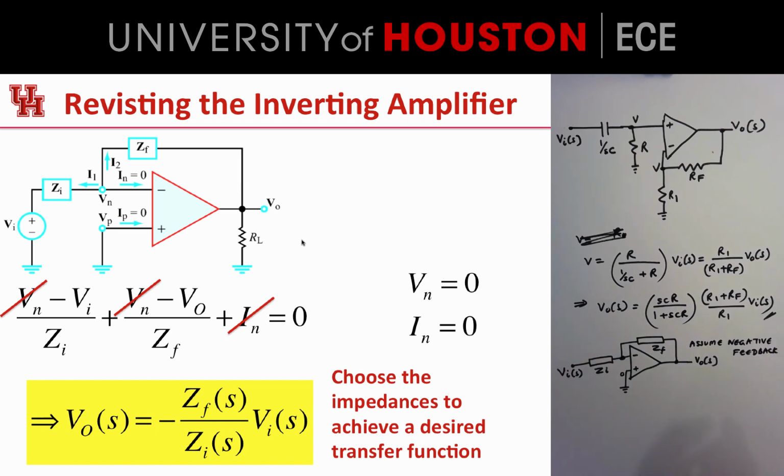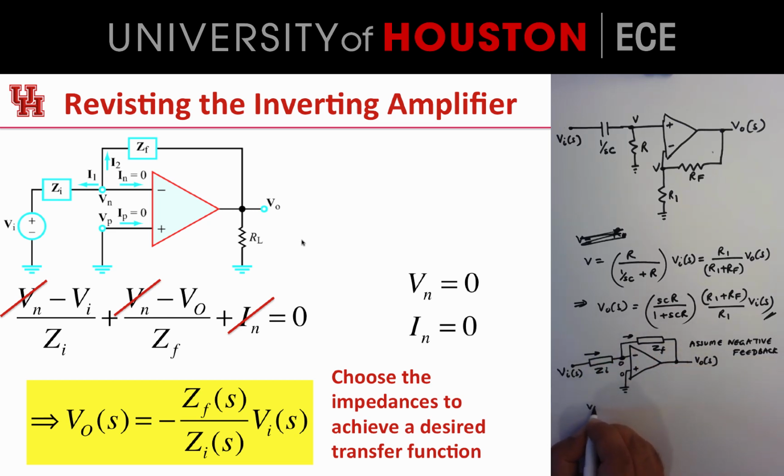I cannot take this for granted, because what if there is a capacitor here? Then there won't be a DC path from here to here. So we'll assume that this impedance is such that there is negative feedback. Under this assumption, we know that the voltage here is going to be 0, and the currents going into the op-amp are 0. So this current is going to be equal to this current.